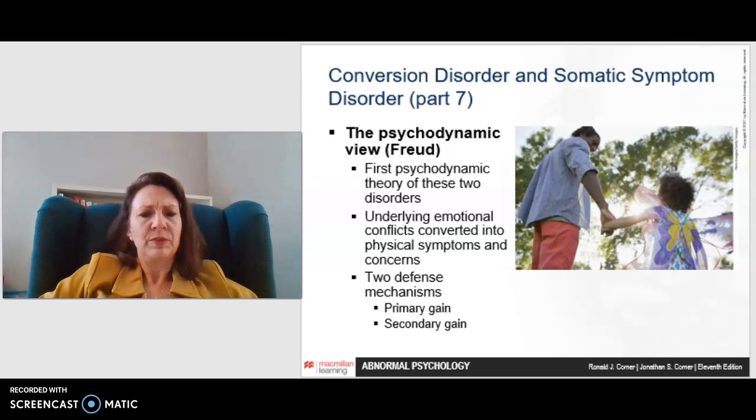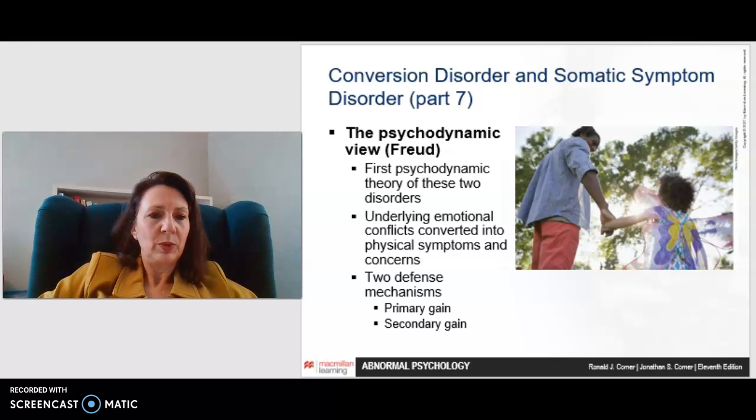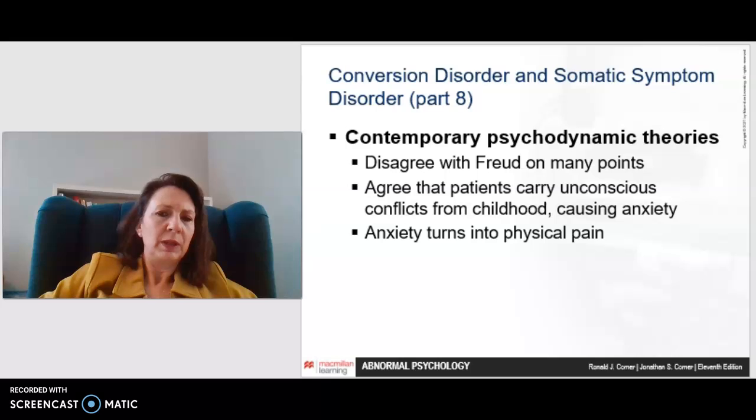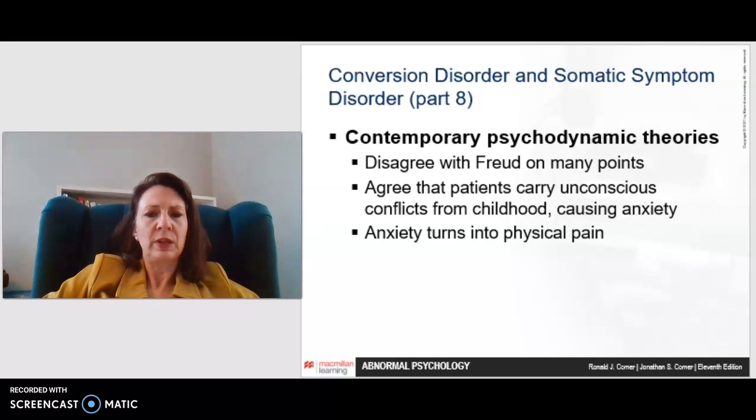And there are two defense mechanisms, primary and secondary gain, meaning that we get something out of it, that are involved. Contemporary psychodynamic theories disagree with Freud on many points, but they do agree that patients carry unconscious conflicts from childhood that cause anxiety, and that can turn into physical pain.